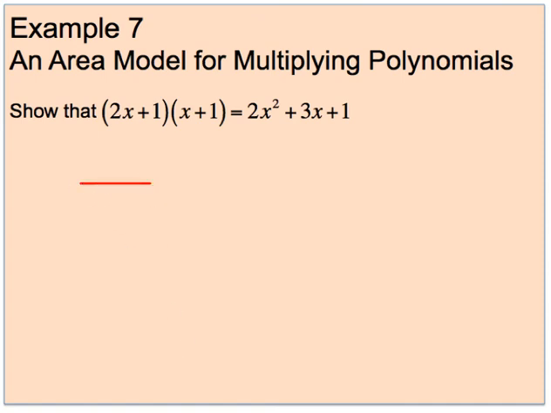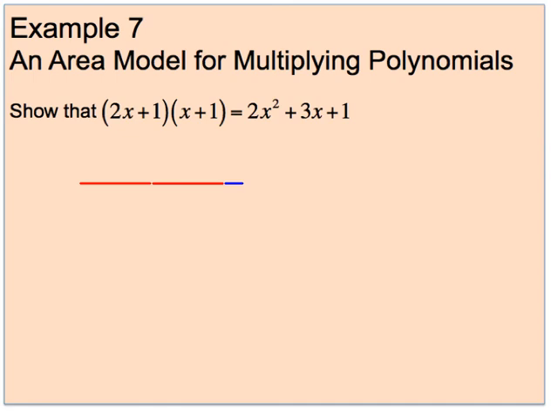So we want to have some length that we can define as x, and then we want to set this so that we have two lengths of x right next to each other, plus we want to have one length of 1. So here you can see I've set up two lengths of some number x plus a single unit.